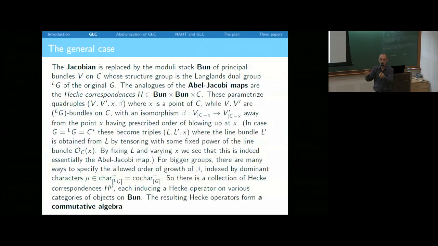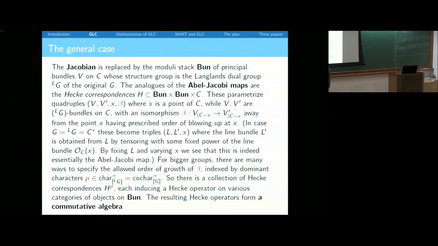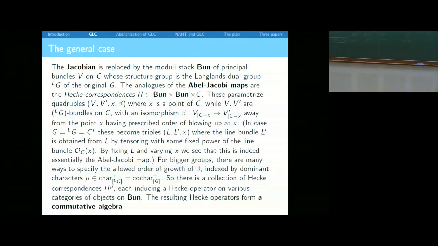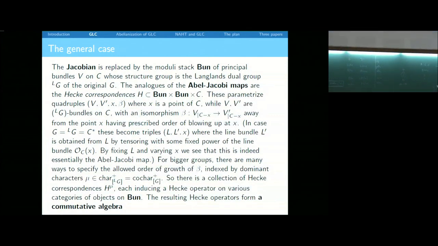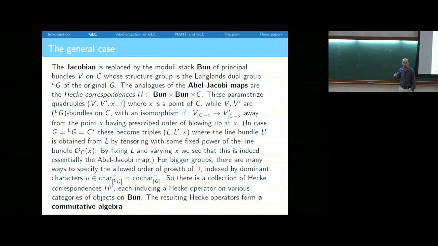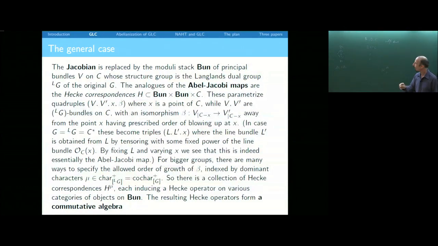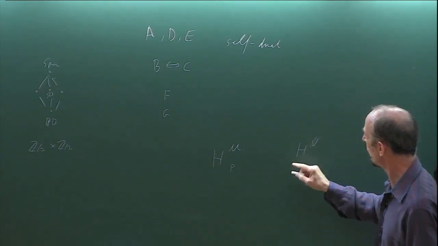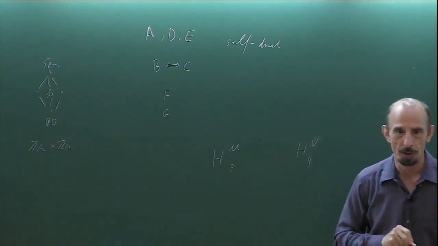And the claim is that these two operations commute, which is very hard to track and justify until you realize that the family of all these operators depend on the cutoff mu, but they also depend on a point P of the curve. And we want to show that two of these operations, let's say H mu of P and H nu of Q, commute with each other.